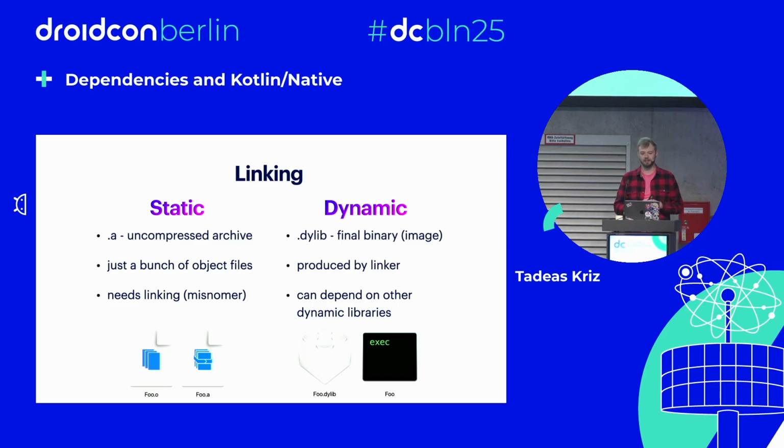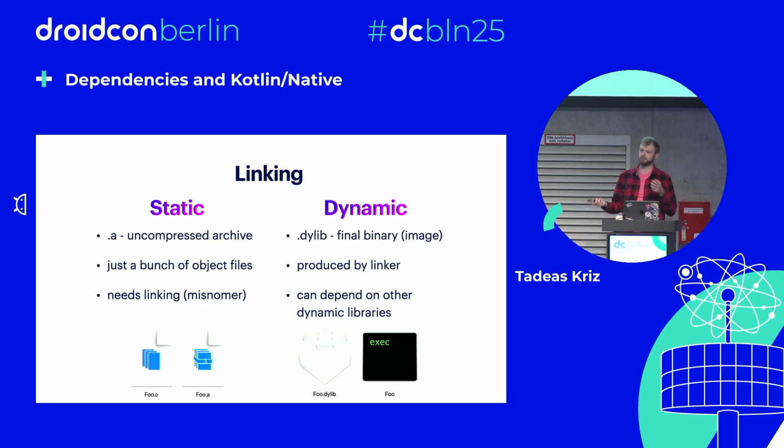So static libraries are just a bunch of uncompressed object files. I like to say that it's just a bunch of object files in a trench coat because it's like, oh, I have a library. Well, you don't have a library. You have a bunch of files that don't work on their own, and it still needs linking.